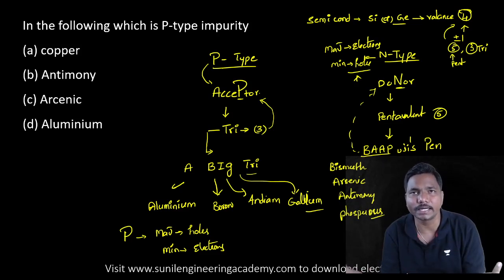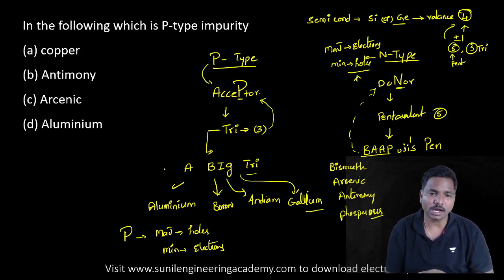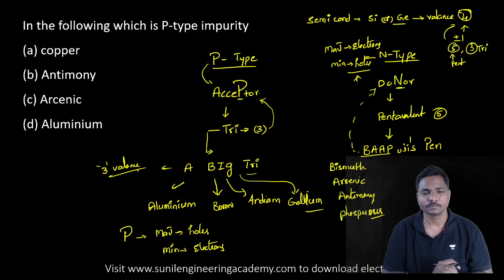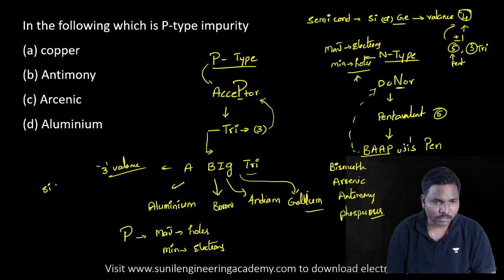Tree means a big tree: A for aluminum, B for boron, indium, gallium. All these have three valence electrons. Silicon has 4, this trivalent has 3, so they accept one electron.